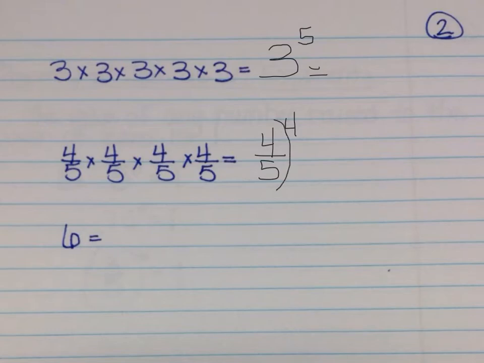So we have to put a parenthesis around it. So we multiply the whole part of that fraction, 4/5, 4 times. Okay? And then if a number is only written once, the way it's written as a base and exponent is 6 to the power of 1. Okay, next slide.